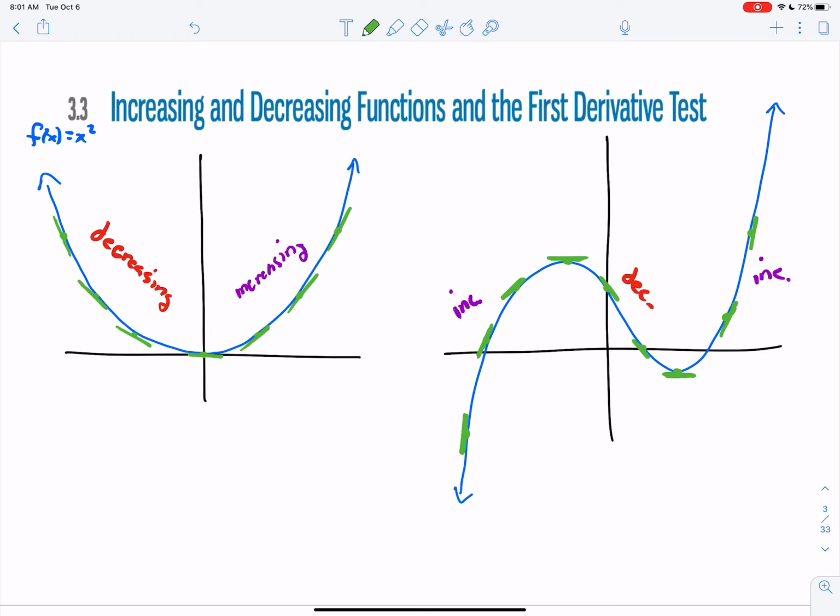Okay? But here's what's important, all right? What we're going to do now is, remember, the slope of a tangent is a specific value, okay?